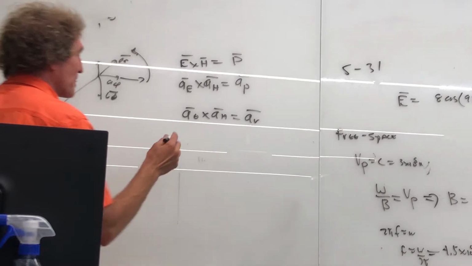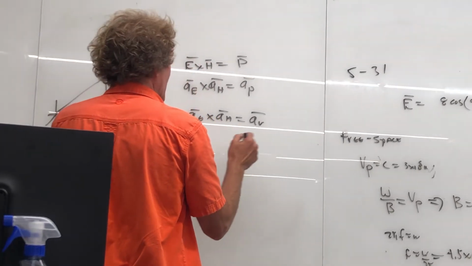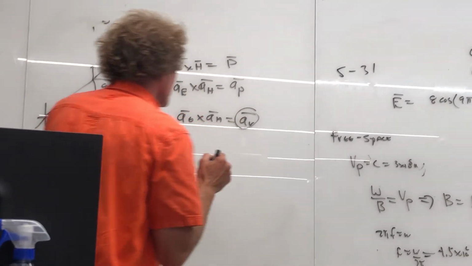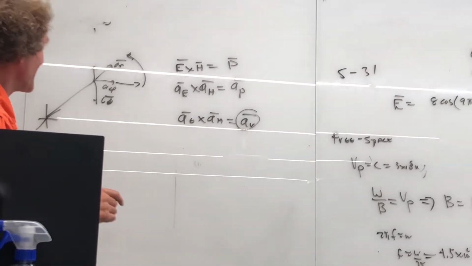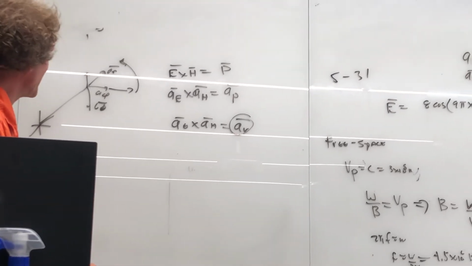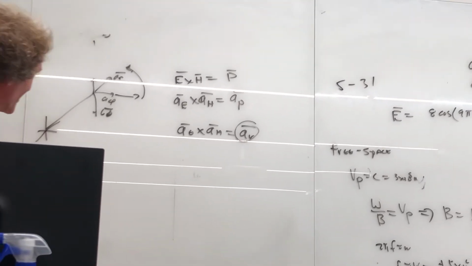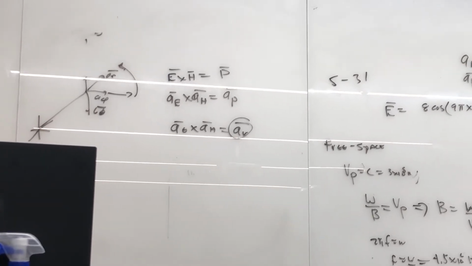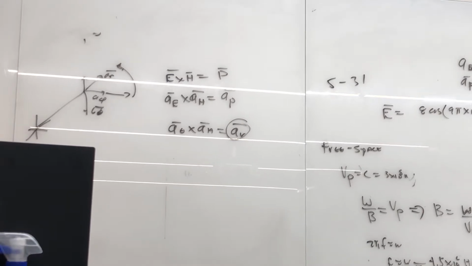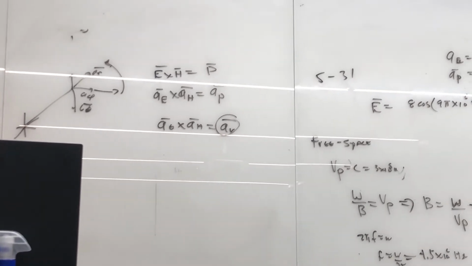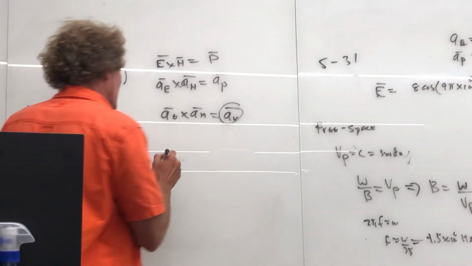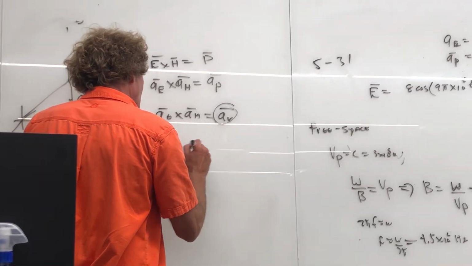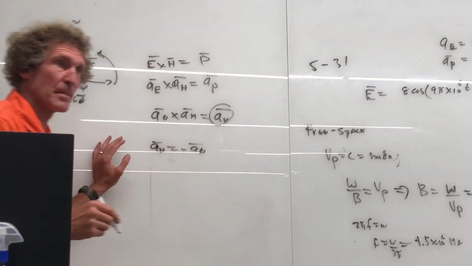So for this one, what do I cross A theta into to get AR? It would be minus A phi. AH is going to be minus A phi, right?